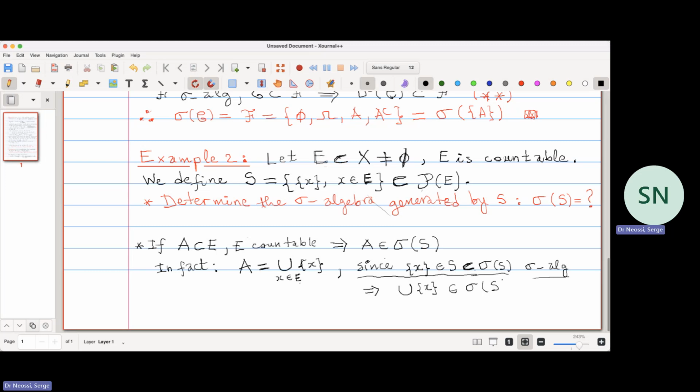That's the definition of sigma algebra: stability by countable union. The union of x in A, in E, is exactly A. So A is in the sigma algebra. So that's exactly what we have here.